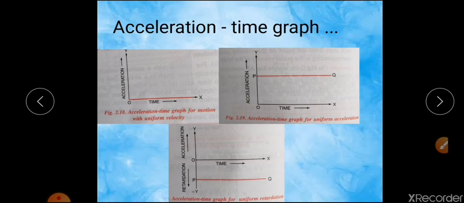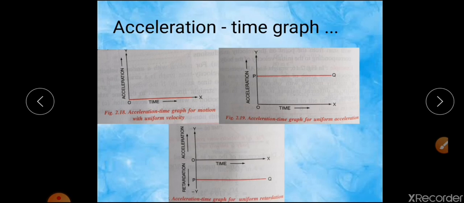Now one important thing you have to remember is that if the velocity is changing in an irregular manner, there also, see, both these cases are for uniform velocity, uniform acceleration and uniform retardation. Now change in velocity is acceleration. It is not necessary that the change in velocity should be uniform. Now what if there is a non-uniform change in velocity, that is, in an irregular manner?